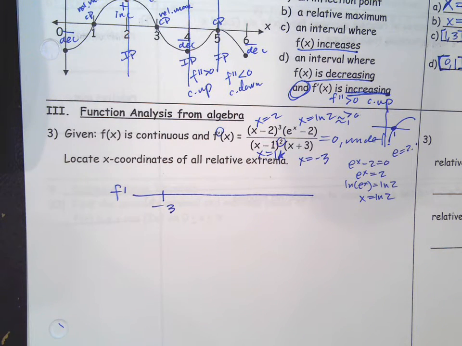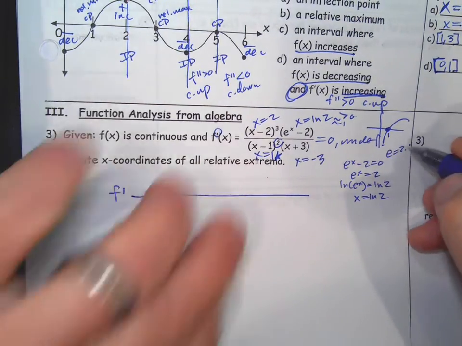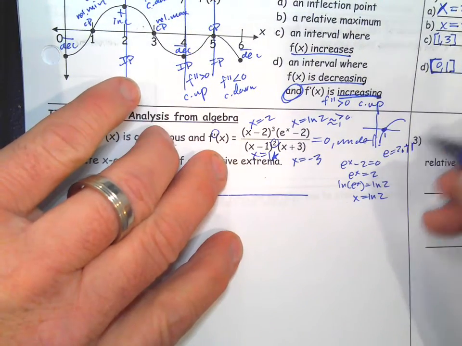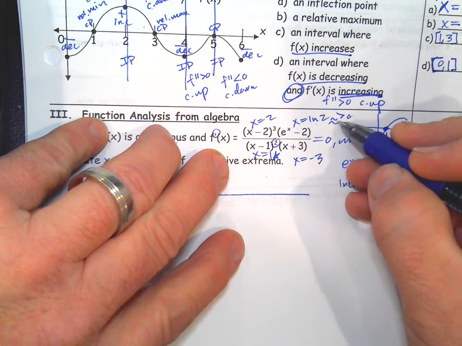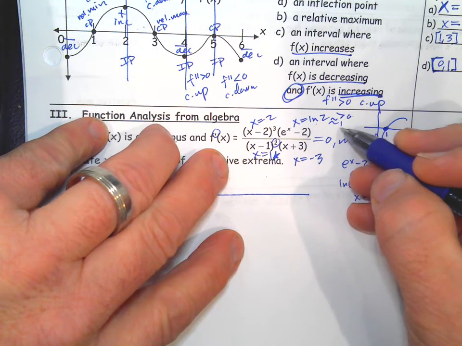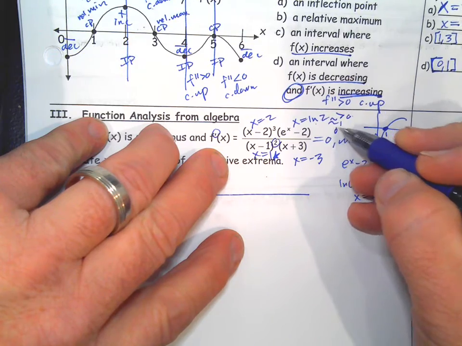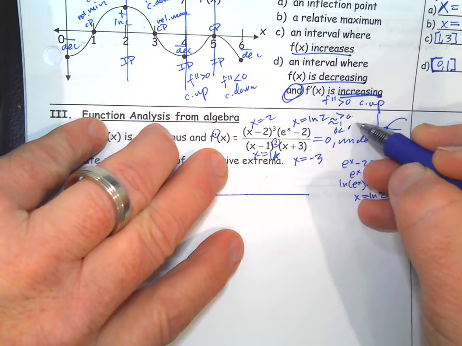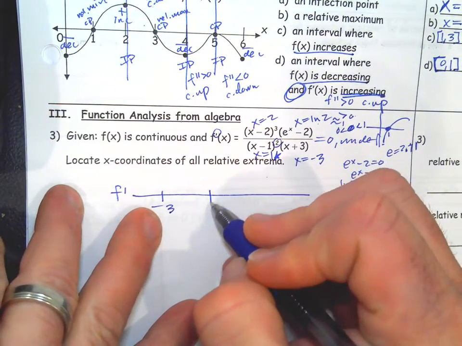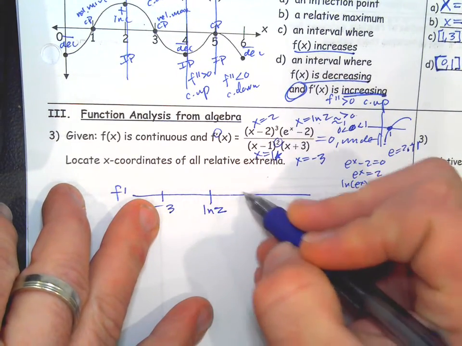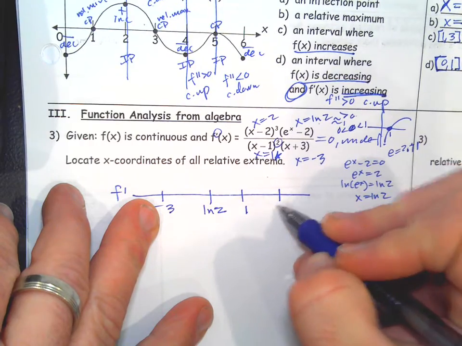So E is 2.71. So that's a value we should remember, 2.71. So we're saying, what do we raise 2.71 to get to 2? So it's about 1, but it's between 0 and 1. It's not quite 1. So that one would come next, natural log of 2, then 1, then 2.